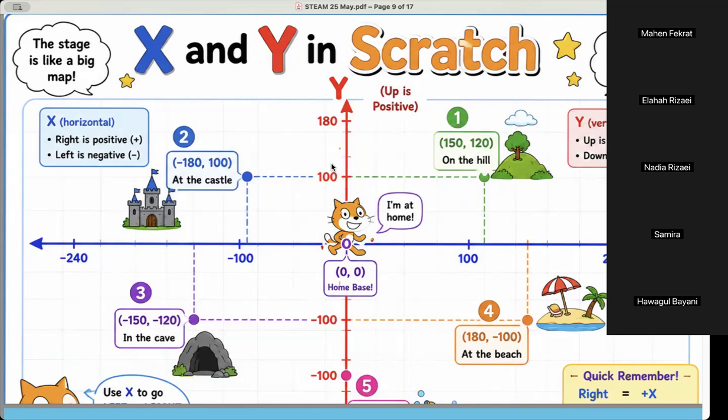We are here to learn, Hawagul. If you don't know, you will learn now. That's fine, not a problem. Look at this, Hawagul. Teacher, can I say? Yeah. Who's saying it? Who is it? Teacher, the horizontal line. First you say, who are you? I can't see anyone's name. Who are you? I'm Raqiya, teacher. Raqiya. Okay, go ahead.